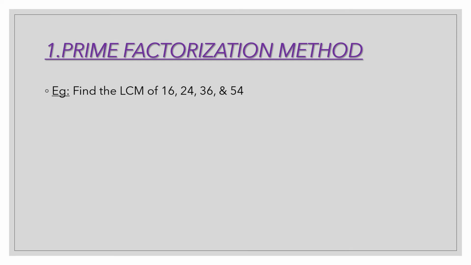We'll take one example, 16, 24, 36 and 54. When we find out LCM of any numbers, we take all numbers together, like 16, 24, 36 and 54. But in case of HCF, when we find out HCF, that time we take only separate numbers to find out their HCF.